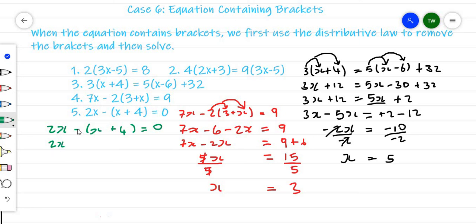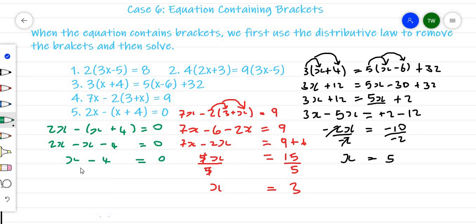If I use this minus sign to multiply each term inside of the bracket, then minus times x, that's going to give me minus x. And minus times positive 4, that's going to give me minus 4, which is equal to 0. Here, if I combine the x terms, 2x minus x, that leaves me back with x minus 4 is equal to 0.